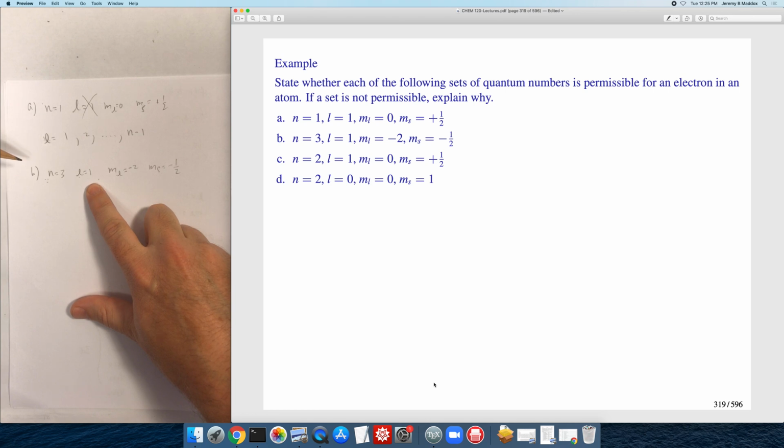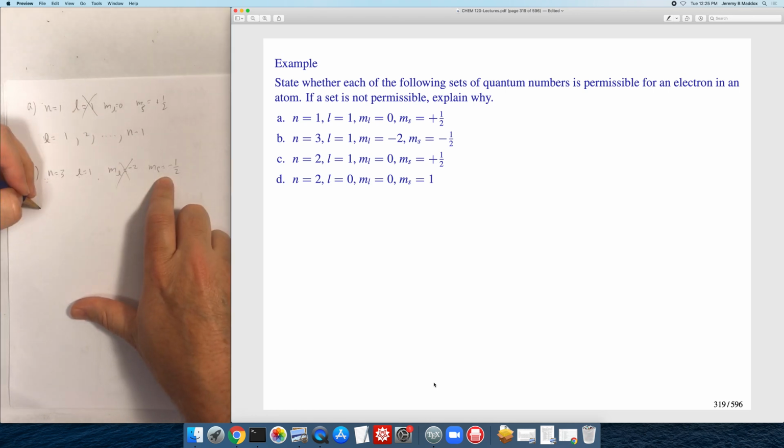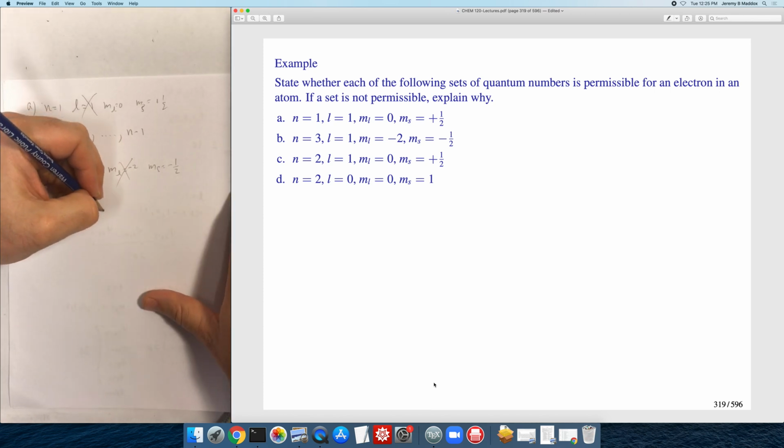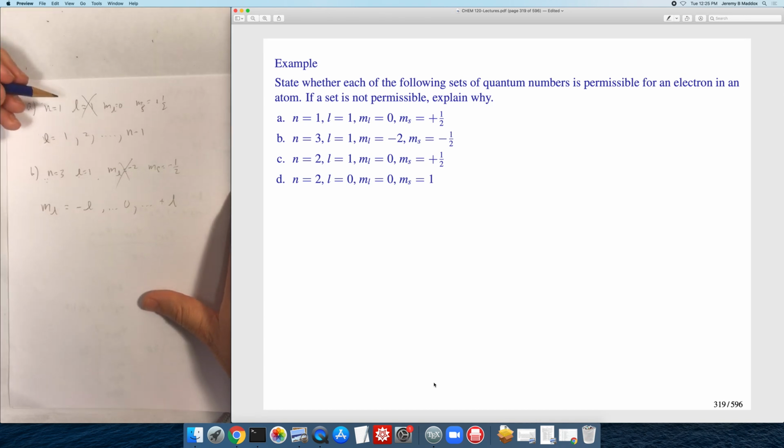However, when L equals 1, m sub L equals minus 2 is not allowed because the value of m sub L ranges from minus L, goes through 0, all the way up to plus L. And so since L is 1, you're only allowed to have an m sub L value of minus 1, 0, and plus 1. Okay, so this is not allowed.